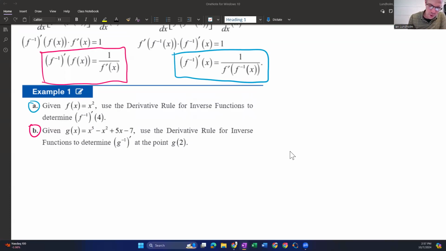We're going to do 1 over derivative of f, f inverse of 4. On this one, f inverse of 4 would be like the square root of 4. Since f is the squared function, f inverse would be the square root function.